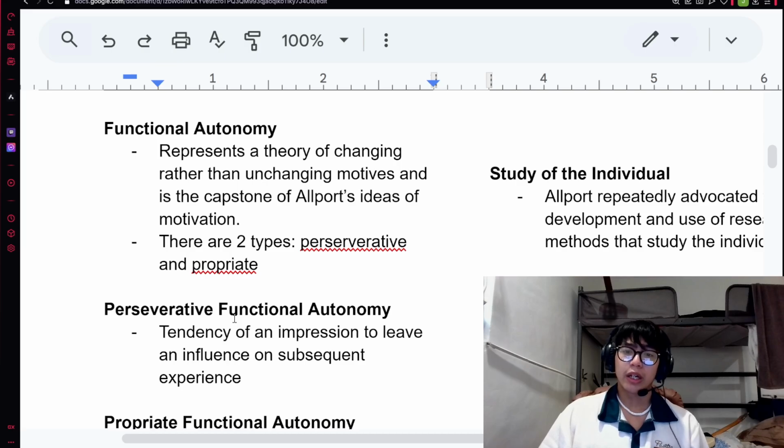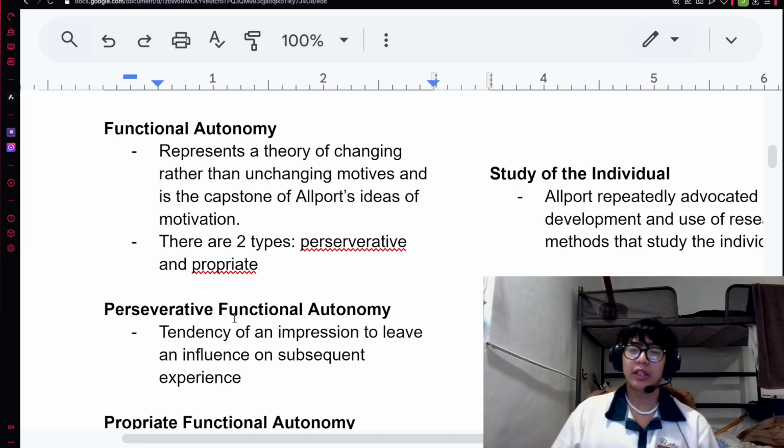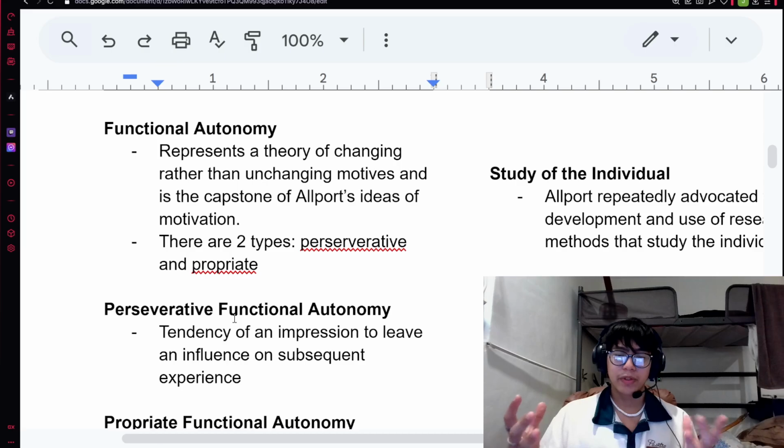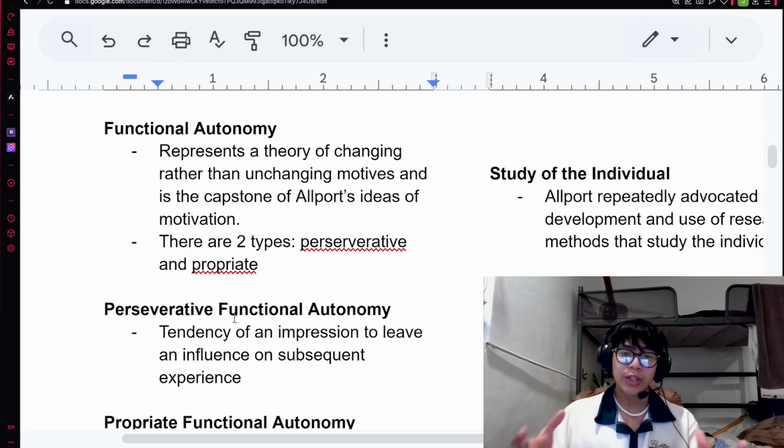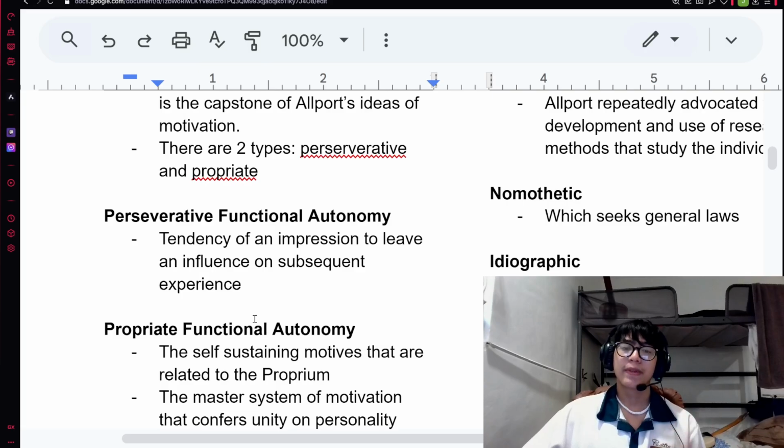Functional autonomy is basically a concept built around the idea that motivation changes, and it's not just always stuck in one state. So there are two types: perseverative and appropriate.